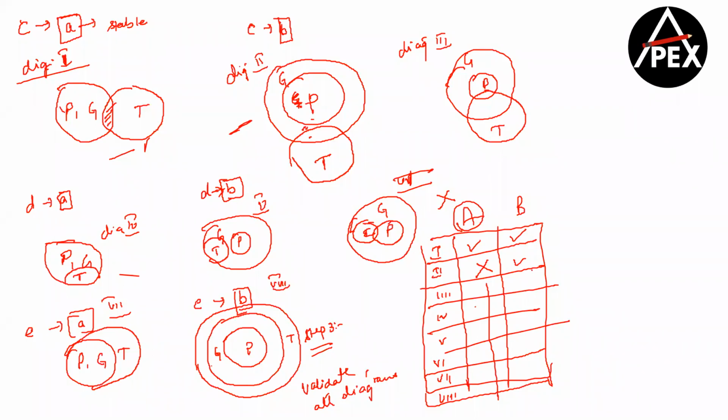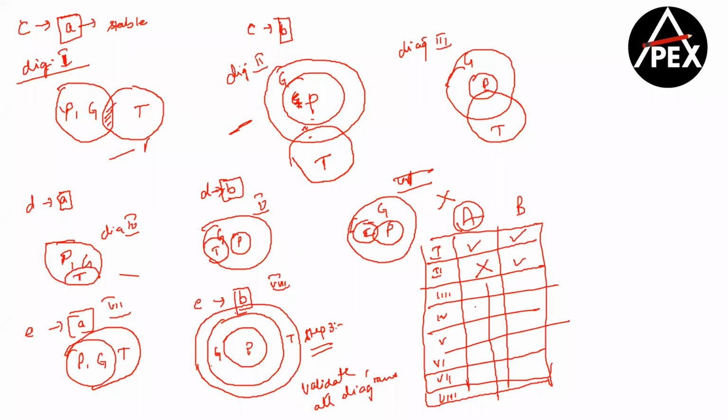Bharadwaj, what happened? No clarity. Which diagram you don't understand? Tell me the diagram name, I'll explain you again. Eighth one? Okay, so see what's happening over here.